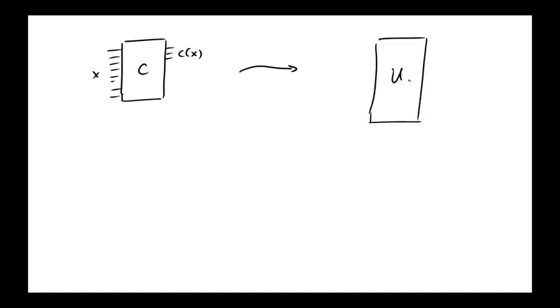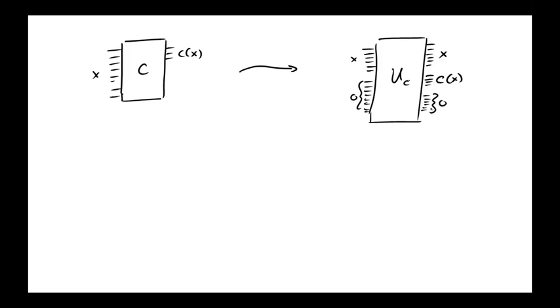Let's call it U sub C, which takes as input x and a whole bunch of zeros, and it outputs x, C of x, and zeros.